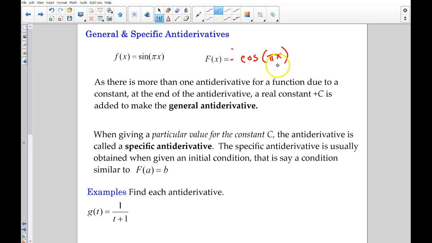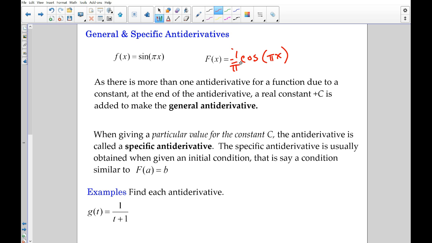And if I differentiate this function, I would normally have a multiplication by pi, but there's no multiplication by pi present. So to undo that, I need to do division. So the antiderivative here is -1/pi cosine pi x.